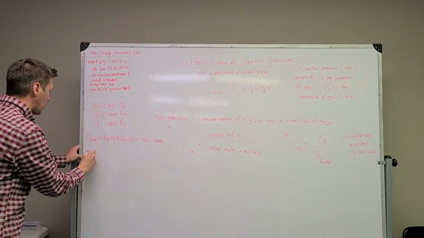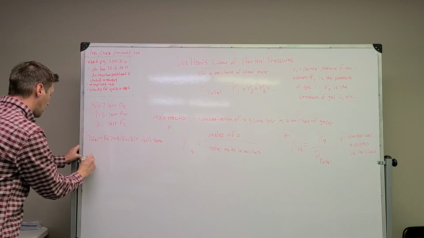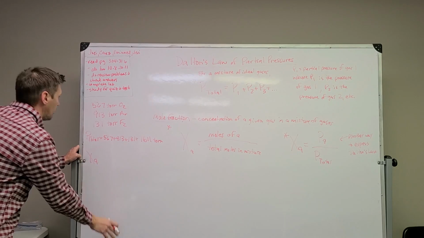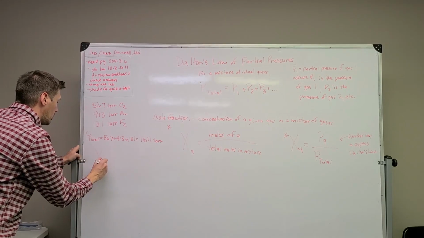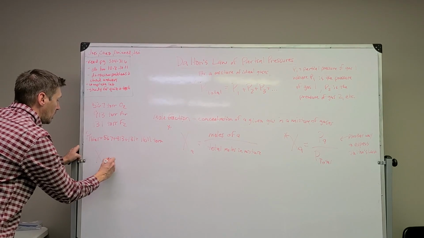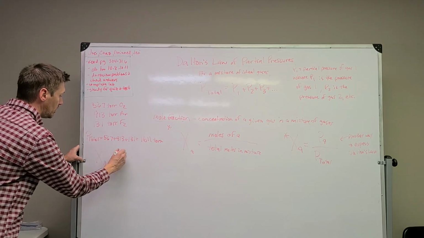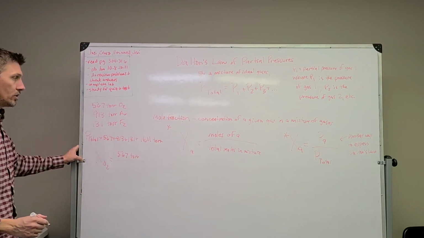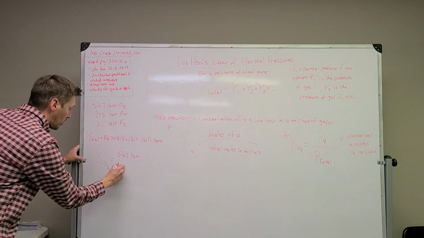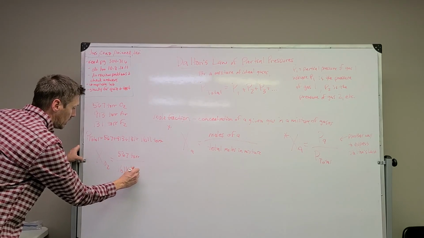And so, for example, I want to find the mole fraction of oxygen, which is a concentration of oxygen. The mole fraction of oxygen is going to be equal to the partial pressure of the oxygen over the total pressure in the mixture.